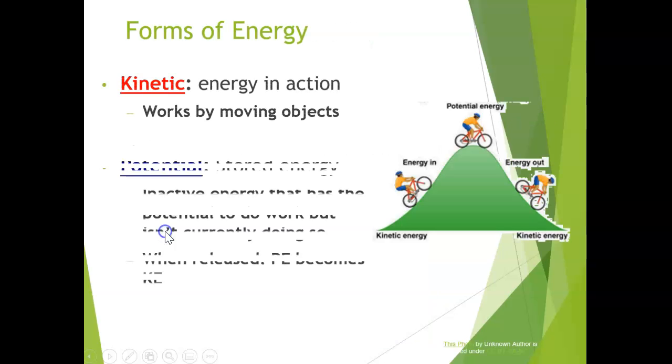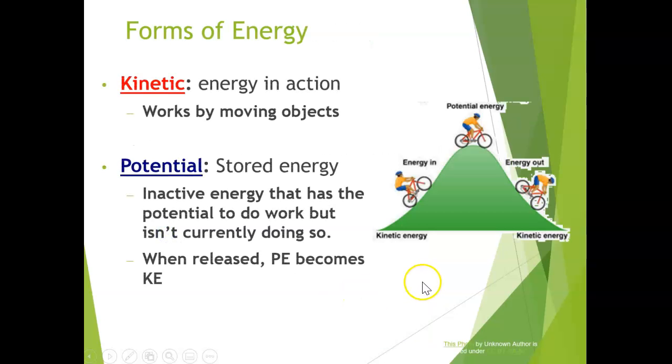There are two forms of energy, kinetic energy and potential energy. Think about this in terms of the bicyclist here, okay? When the bicyclist is still at the top of this hill, he is full of potential energy. Potential energy is stored energy, right?